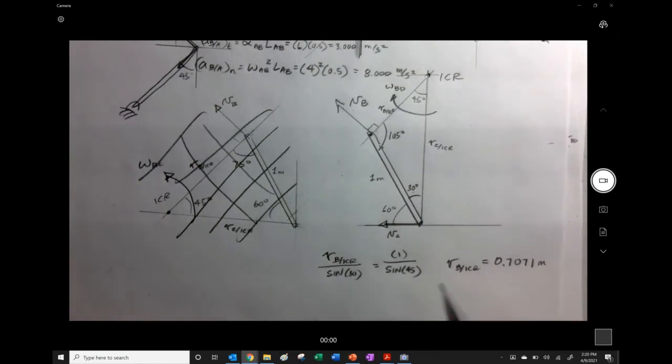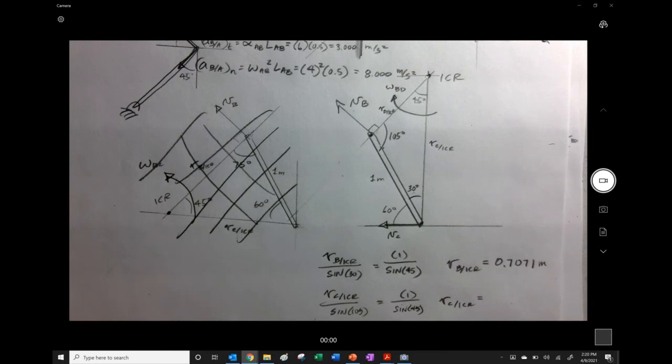All right, so then I also want to get RC with respect to ICR, and that's going to be the sine of 105 equal to 1 over sine of 45. RC with respect to ICR. All right, so sine 105 times 1.414, and so we end up with 1.3660 meters.